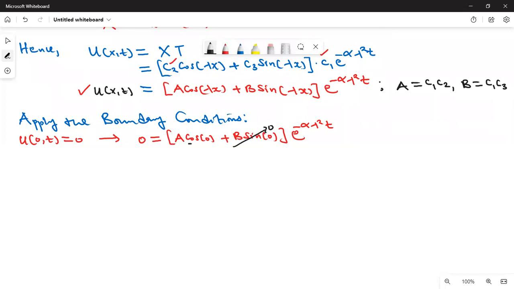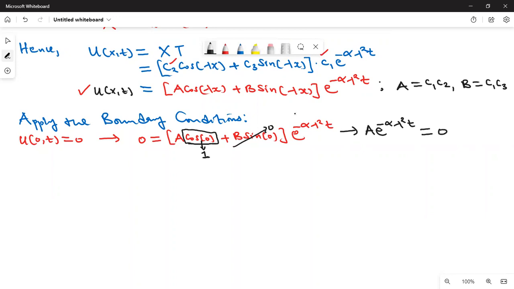And cosine of 0 is 1. So what do we have? We simply have a times exponential negative alpha lambda squared t should be equal to 0.